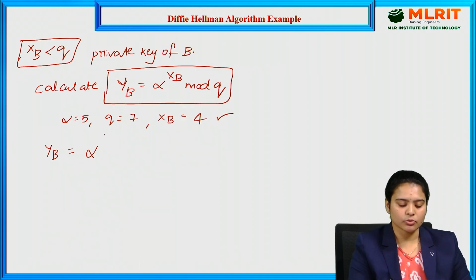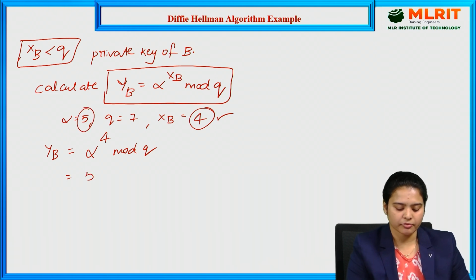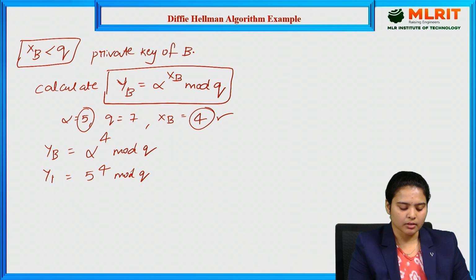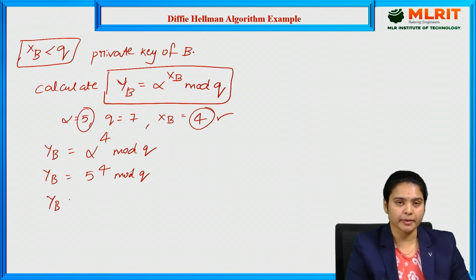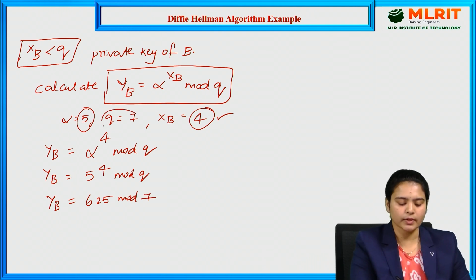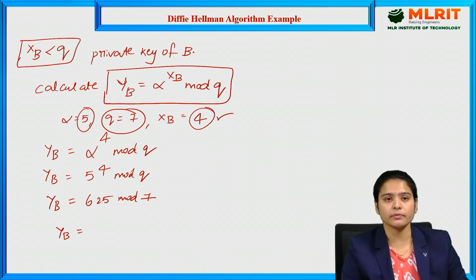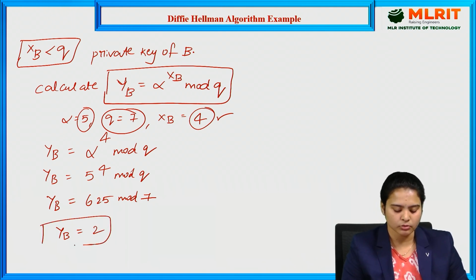YB equals alpha power 4 mod q, with alpha 5 and q 7. So YB equals 625 mod 7. Substituting the mod of 7 with 625, we get the value of YB equals 2.